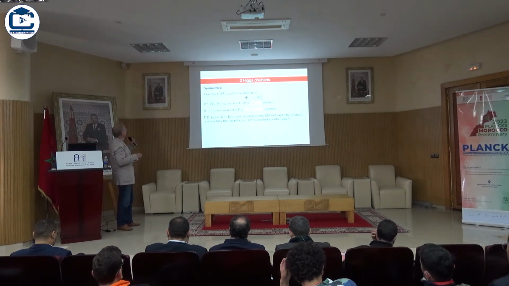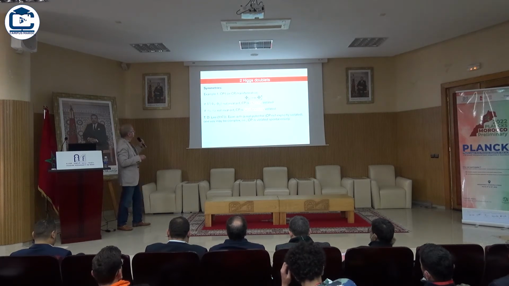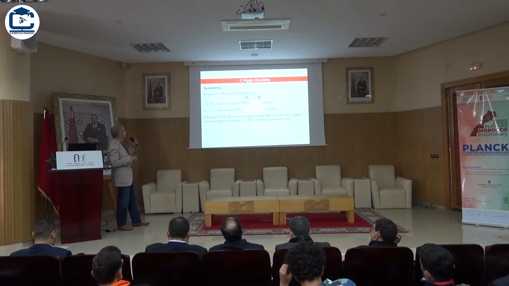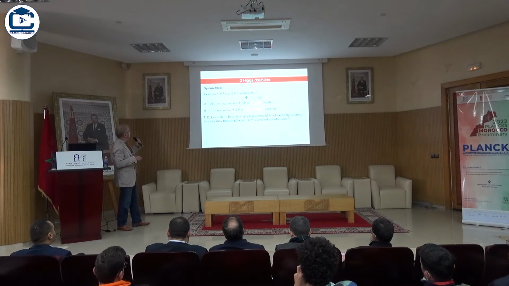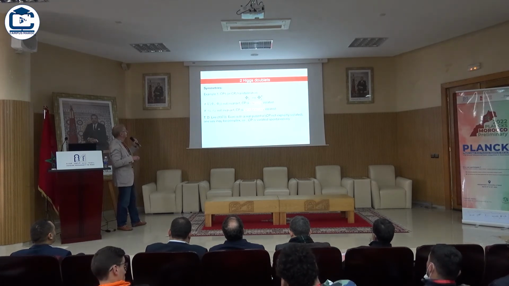Here is an example, CP transformation. Phi goes into phi complex conjugated. And if the potential is not invariant, then we say CP is explicitly violated. But even if that is not the case, it could happen that V1 and V2 is not invariant, and then CP would be spontaneously violated.